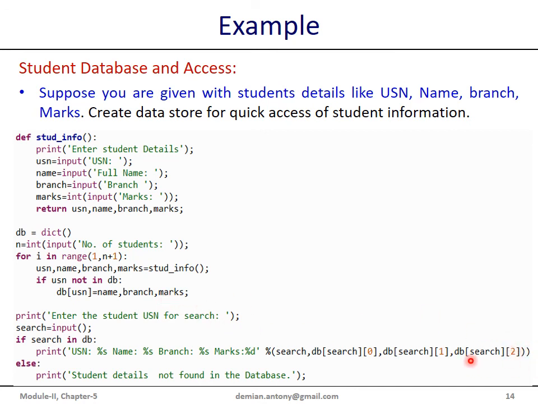This is how, by having 2 index operators, subscripts, we can access the individual tuple elements which are stored against the key USN. And this is actually a computationally efficient implementation, as we can search the student record without any series of comparisons with respect to the stored USNs or stored student details.